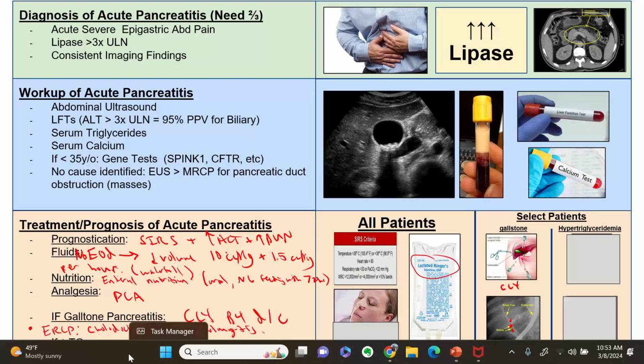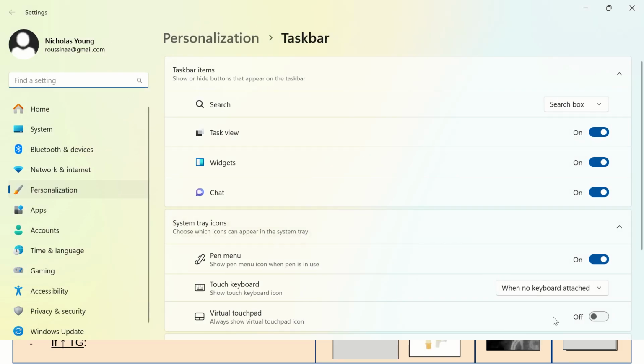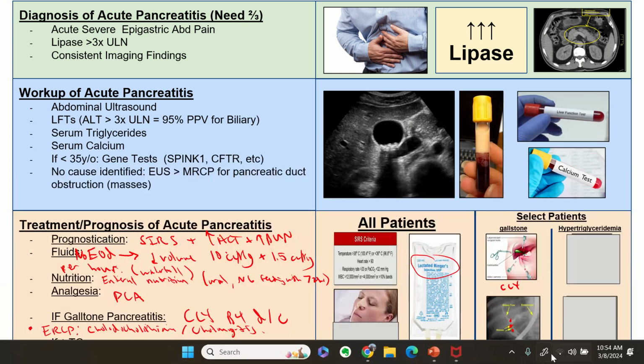Let me get this out. Right. Do I remove this?